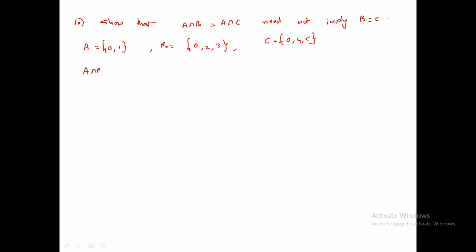Now, A intersection B is just {0}. Then A intersection C, this is also {0}. So we have taken A intersection B same as A intersection C. But did you see B and C are not equal? This is what we are showing.